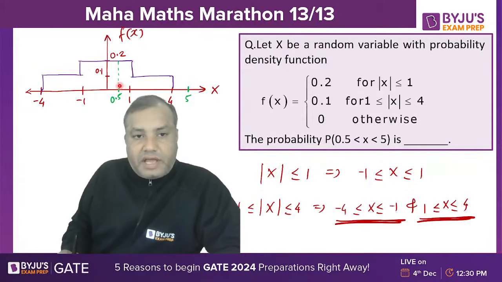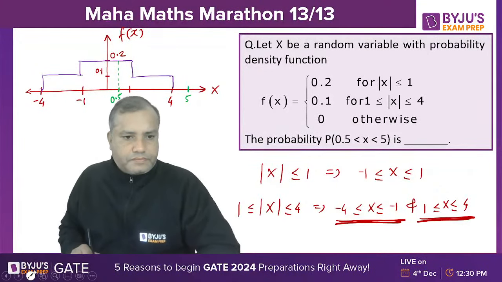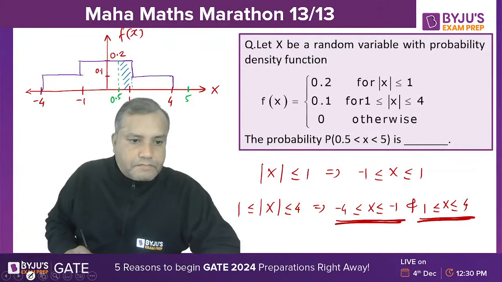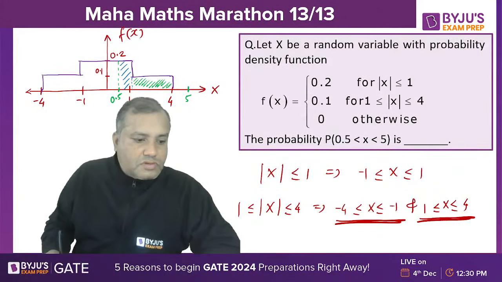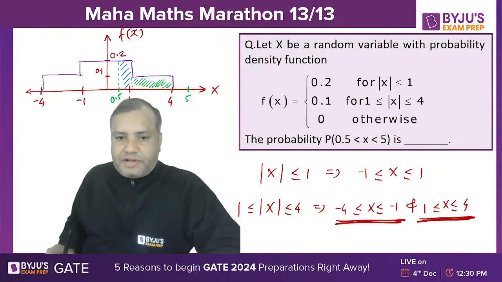So you want the area under this f of x from 0.5 to 5. Say yes or no. So the sum of these two areas will be our answer. So probability for x lying between 0.5 to 5.